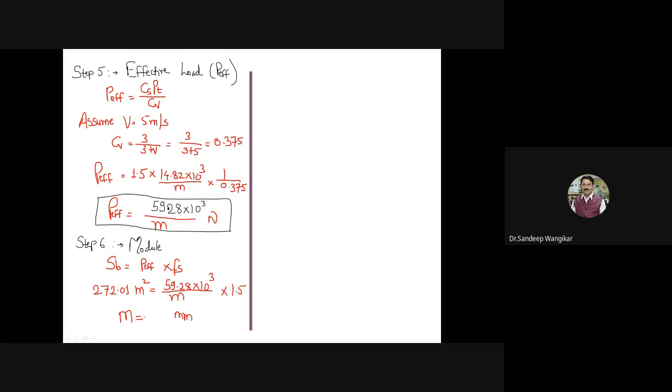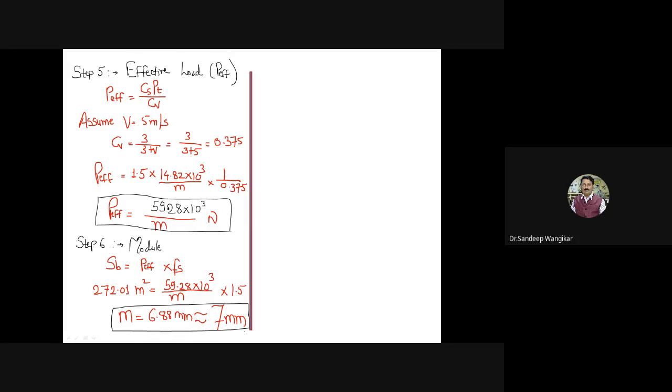Okay, very good. 6.88. Let us assume round up it as say 7 millimeters. So this is your value for module calculation. Module is equal to 7 millimeters.